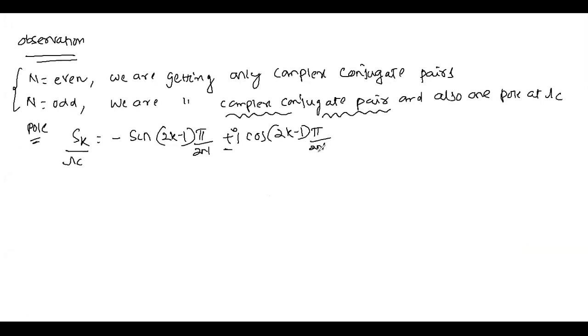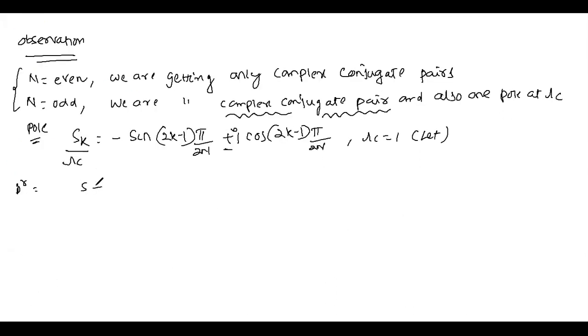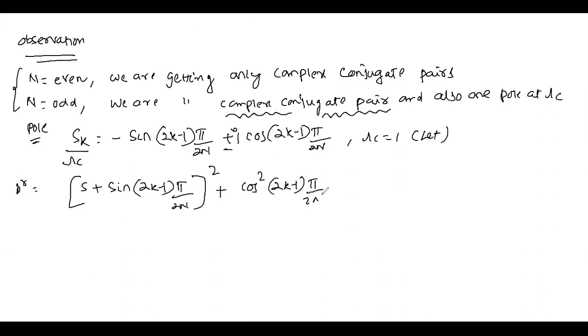Now, how can we write the denominator? These are complex conjugate poles. Let omega c equal 1. Then I can write the denominator like what we did before, very simple. The denominator is (s plus sine of (2k minus 1) pi by 2n) whole squared plus cos squared of (2k minus 1) pi by 2n.